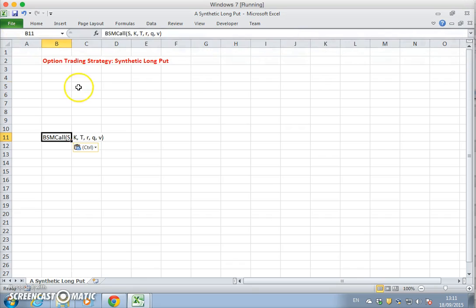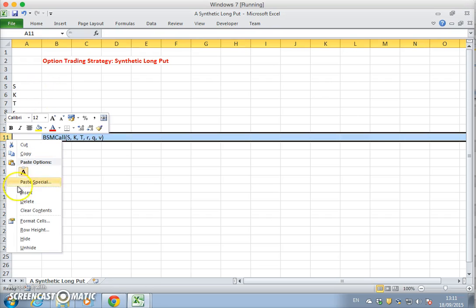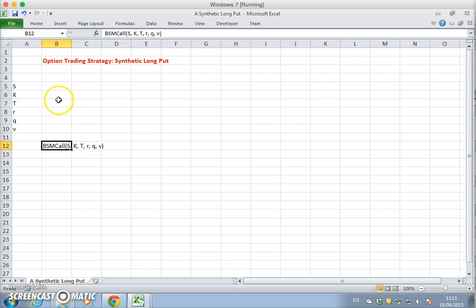Using the order of the variables, there is a stock price, an exercise, a time period, a risk-free rate, Q, and V, lowercase v. And we'll just put in nominal values. So perhaps we go with 100, time period 1 year, risk-free rate 5%, dividend yield 0, volatility 20%.